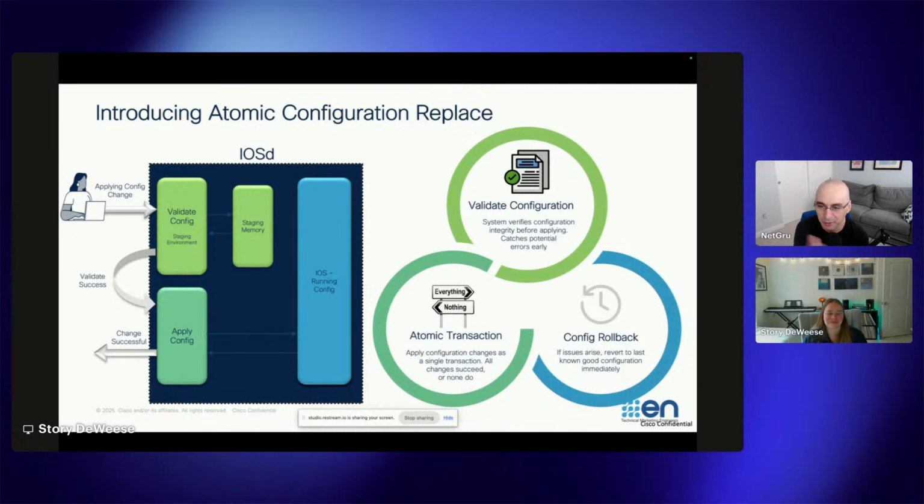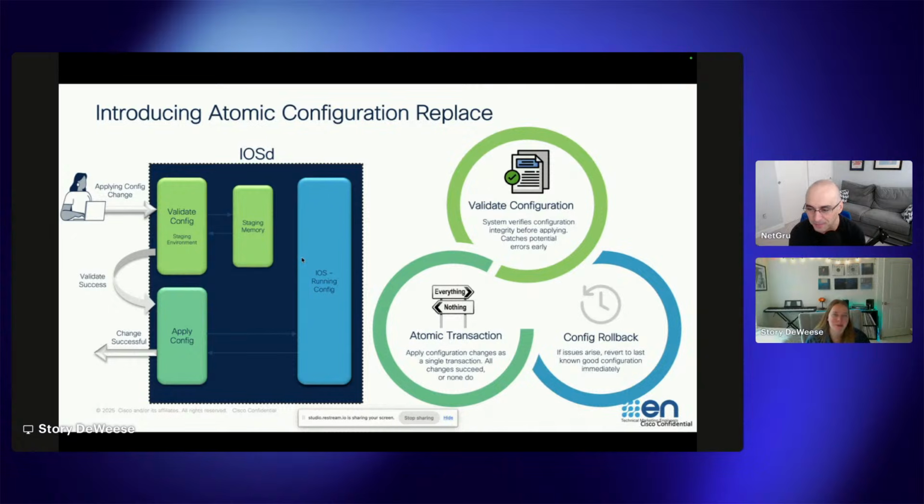You're trying to push 10,000 lines of config, and in the middle of it you get disconnected, something happens, your internet breaks, and then you're left with half a config or even less on the device. So you're not going to get into these situations anymore with this atomic config, right?